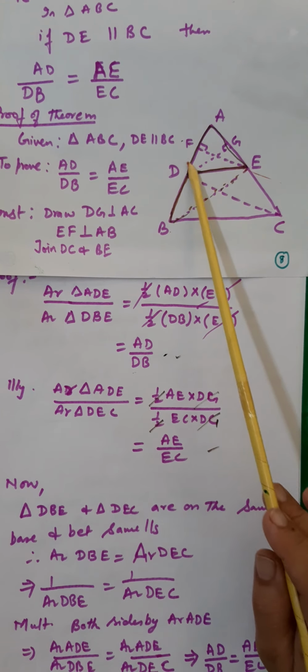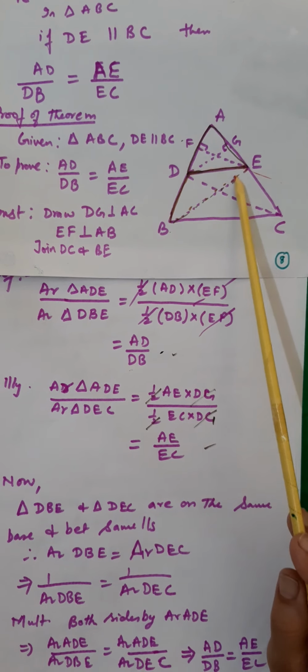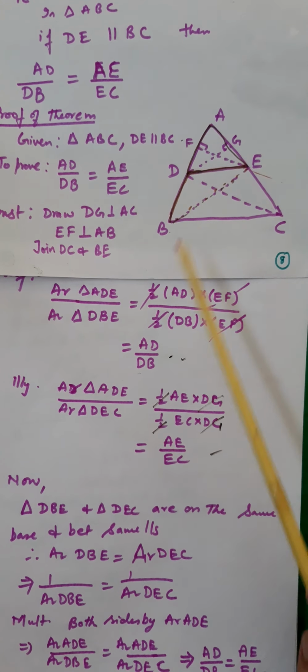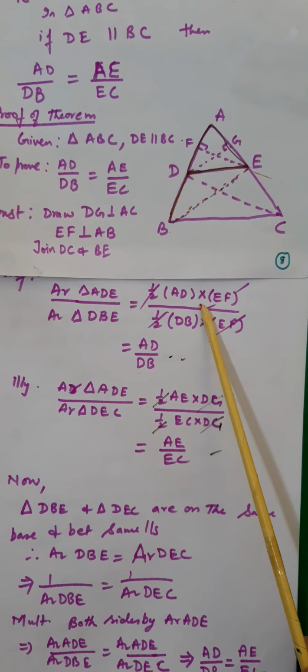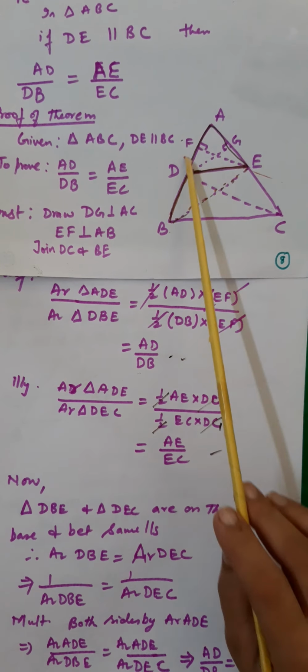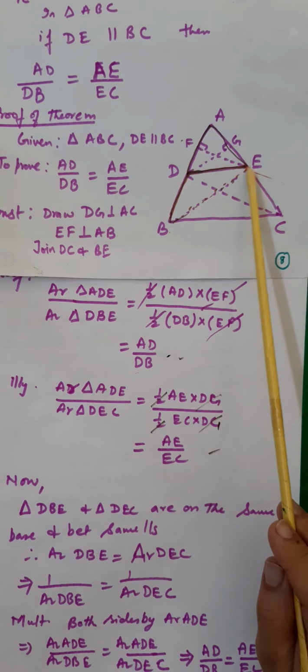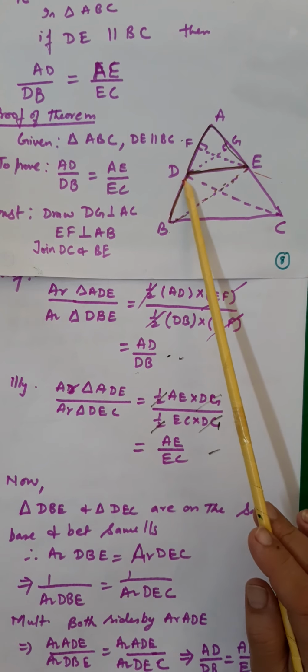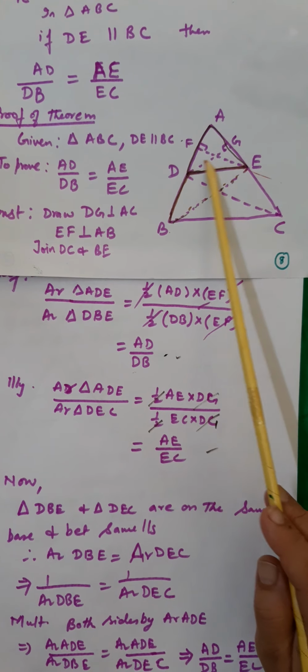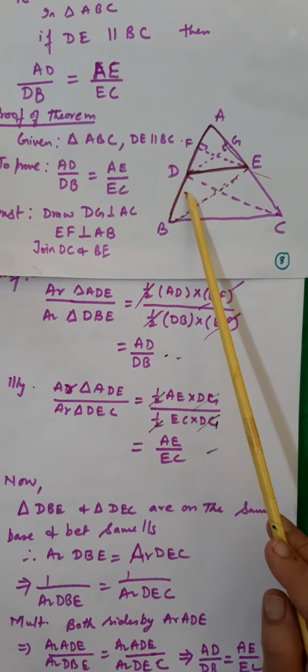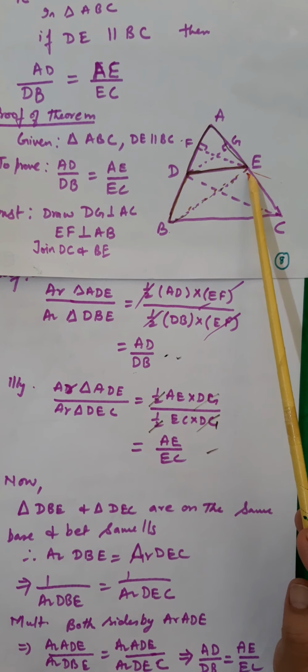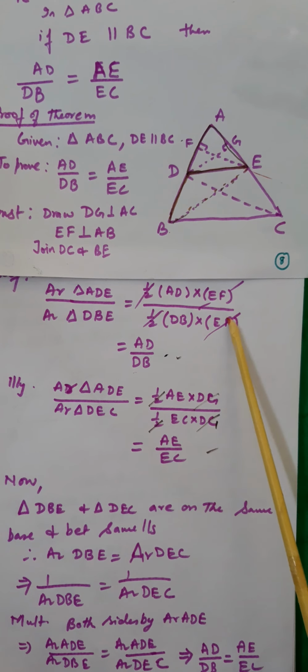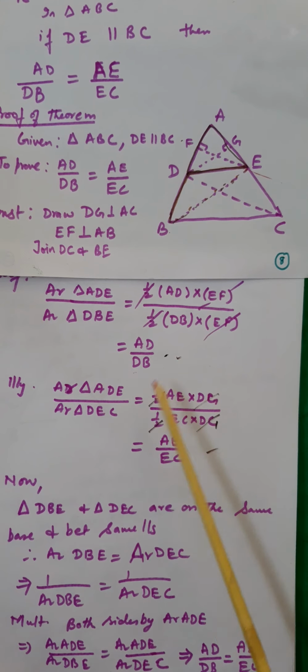Notice here, triangle ADE and triangle DBE. Area of ADE is half AD into EF, and area of BDE is half BD into EF, because EF is altitude for triangle DBE also. So these things cancel and we have AD upon DB.